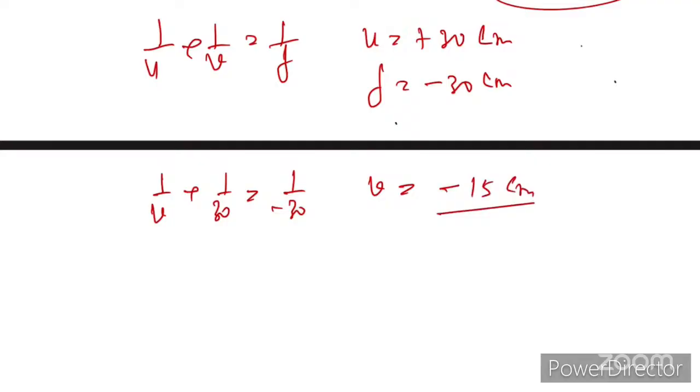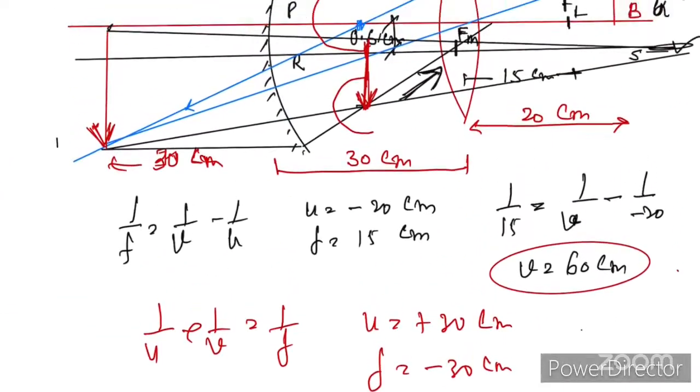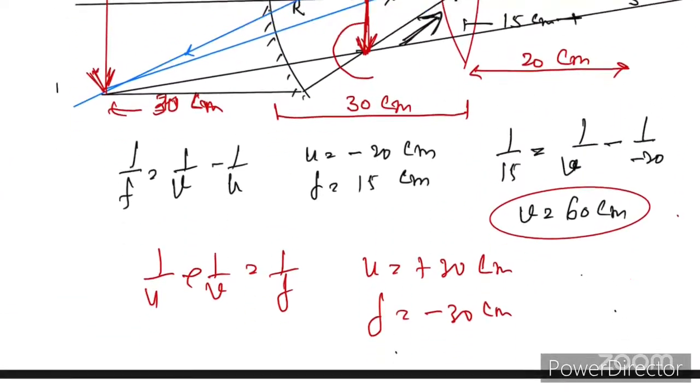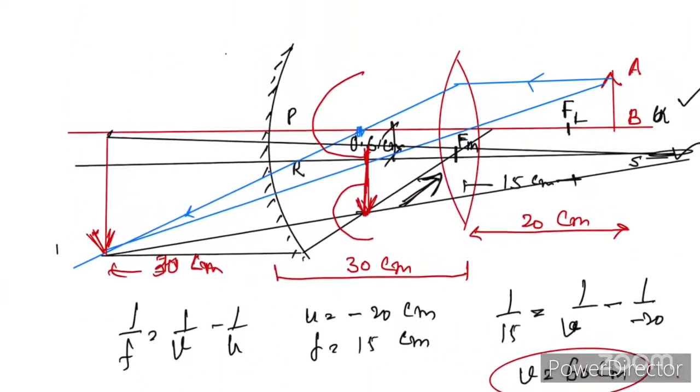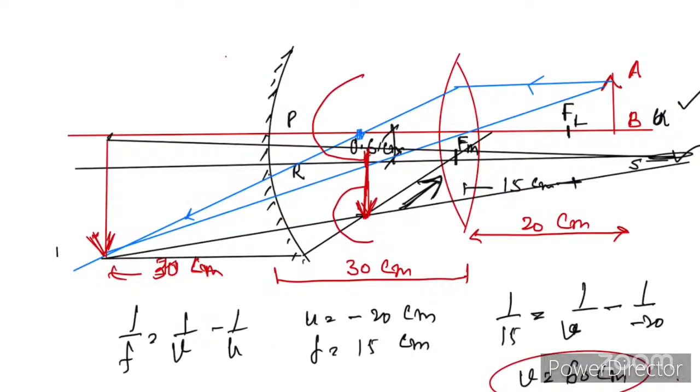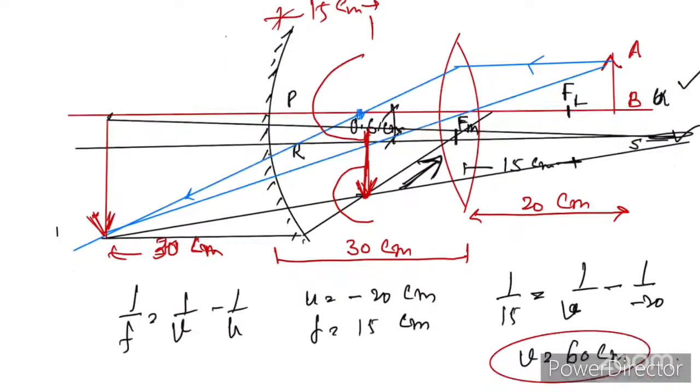So naturally it is on the right side of the mirror, and we have correctly drawn because it is coming just between the lens and mirror, and this distance is 15 centimeter. So our figure is correct.